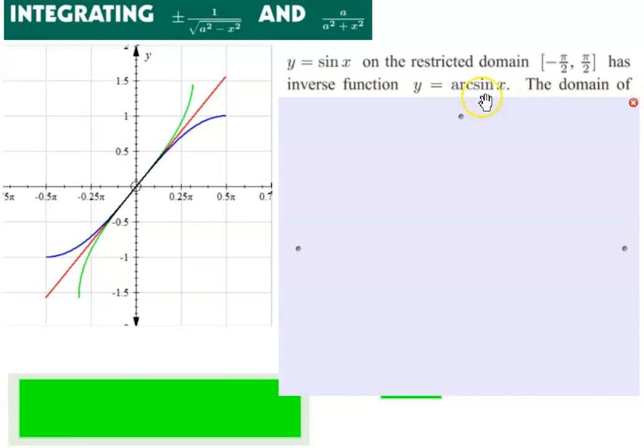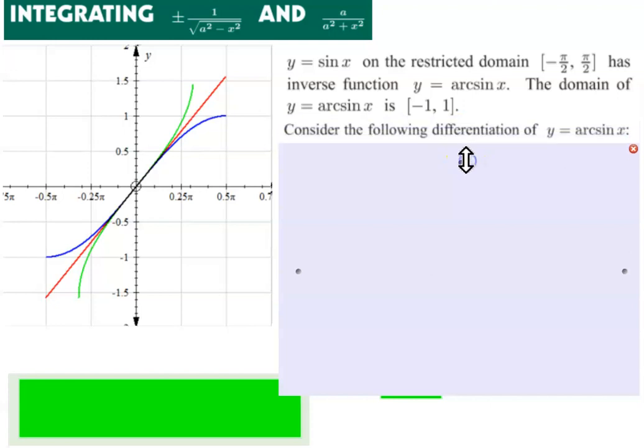Now, the domain of this new green function will in fact be the range of the original function, the sine curve. And the range of the sine curve, the blue curve here, is between 1 and minus 1. So that becomes the domain for that green inverse function.